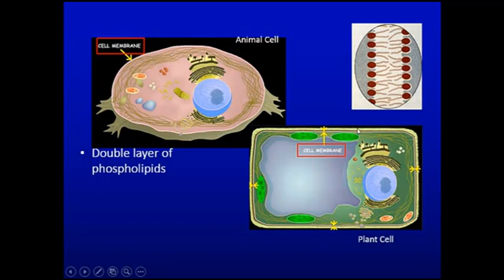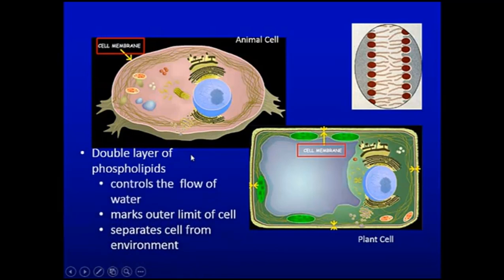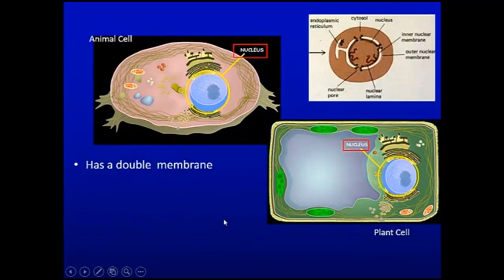There is a cell coat, and after that coat you have a cell wall, you might say. Then there's a cell membrane, which is a double layer of phospholipid. It controls the flow of water. It marks the outer limits of the cell and separates the cell from its environment.